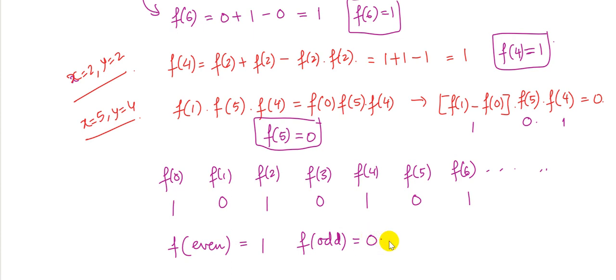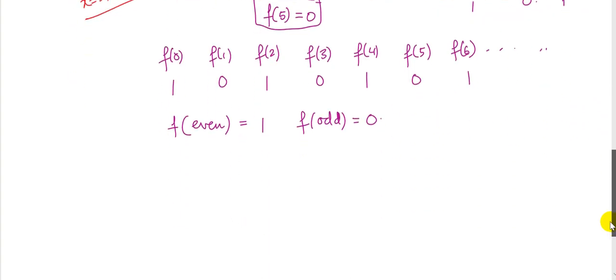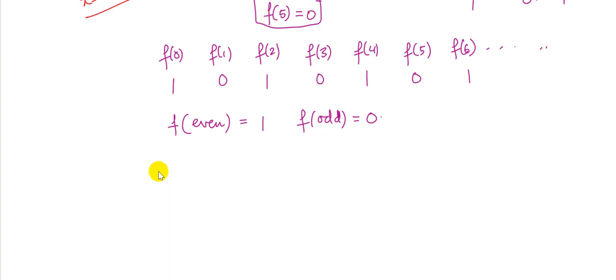So this would be the form of the series, and the explicit form of the series would be 1, 0, 1, 0, etc.